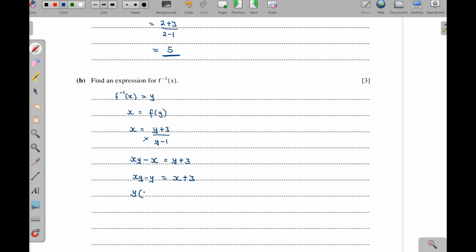So y into x minus 1, then this one is equal to x plus 3. And then we divide all through by this, so meaning our y shall be equal to x plus 3 out of x minus 1. So meaning f inverse here shall be equal to x plus 3 out of x minus 1.